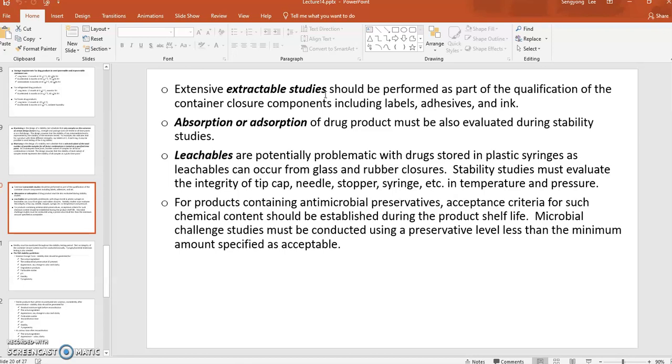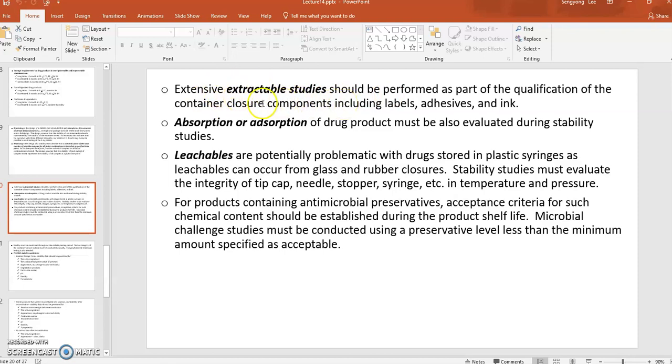That means it's a leachable if they come out passively, very slowly, and mix up with your drug. But if they are coming out under an artificial condition, under a vigorous exposure, we consider them as extractables. So extractables are a part of the leachables as well.